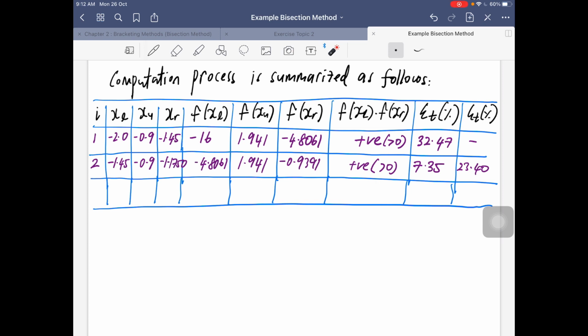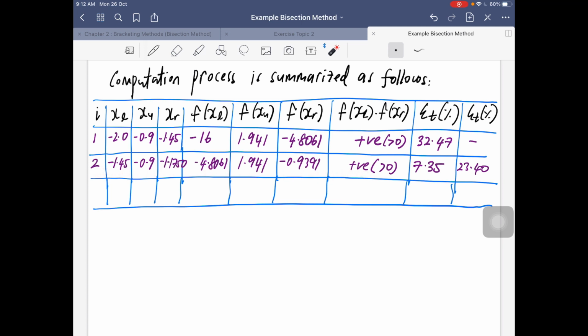For the third iteration, we can present our solution in a table. The computation process is summarized as follows. This is the result that we obtained from our first iteration, tabulated in this table, and this is the result from the second iteration.